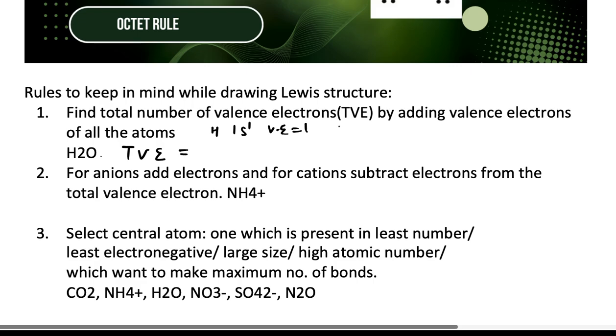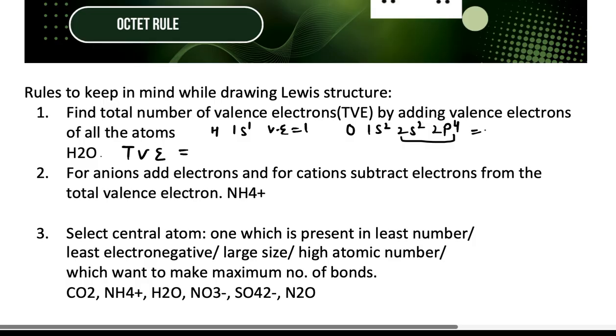Whereas oxygen, its configuration is 1s2, 2s2, 2p4. Out of these electrons, these two sets are the valence electrons, the ones present in the highest principal quantum number. Here the highest principal quantum number is 2, and how many electrons are there? 6.